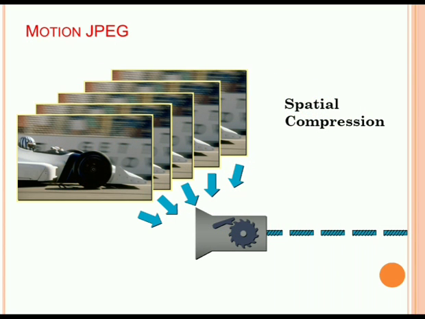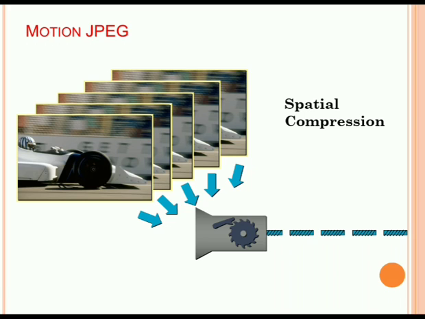Motion JPEG is used for recording motion pictures, whatever picture is being recorded. Here we are compressing the data that was originally present. Consider for example a car in car racing.